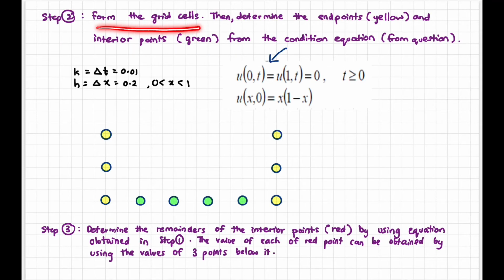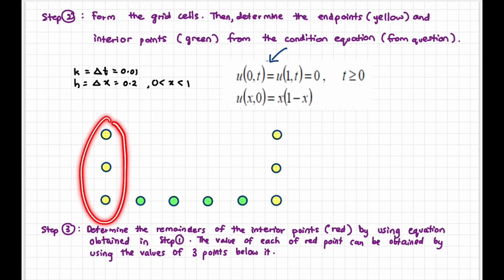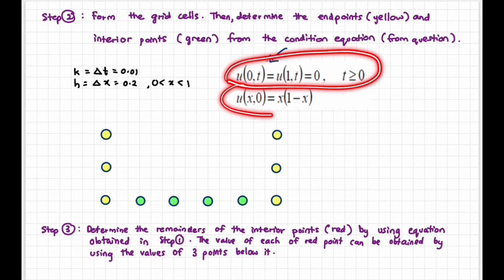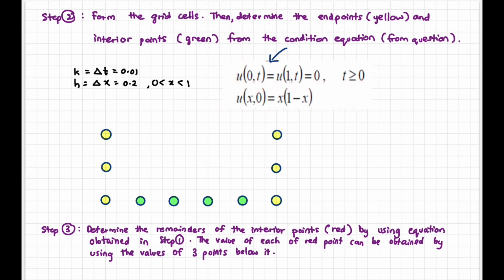And then step number 2, form a grid cell. Then determine the endpoints, which are these yellow points, and the interior points, the green points here, from the condition equation. Okay, this is the given condition. This is your x, and this is the value of t. So you know that k, or the difference of t, is 0.01, and h, or difference of x, is equal to 0.2.